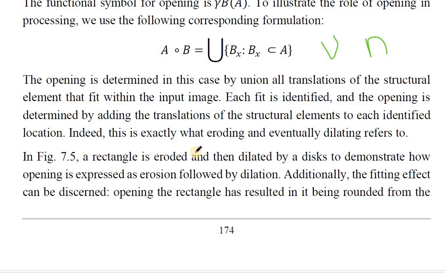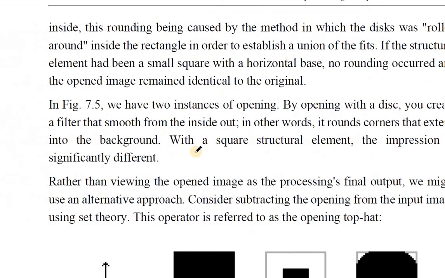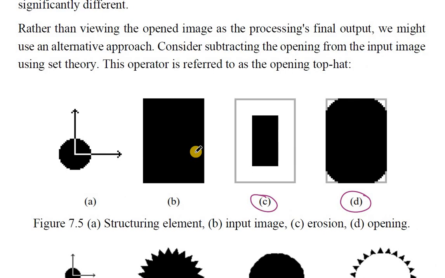This is exactly the same result that we get by eroding the image first with B and then dilating the result. So every time the structural element need not be a square or a cross or a diamond. You can have a structuring element which is a circle or an oval also.